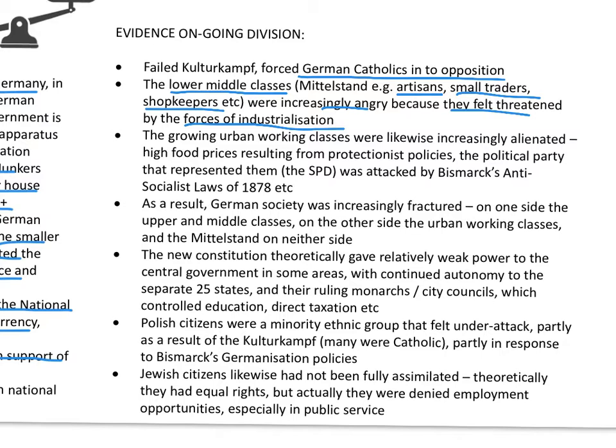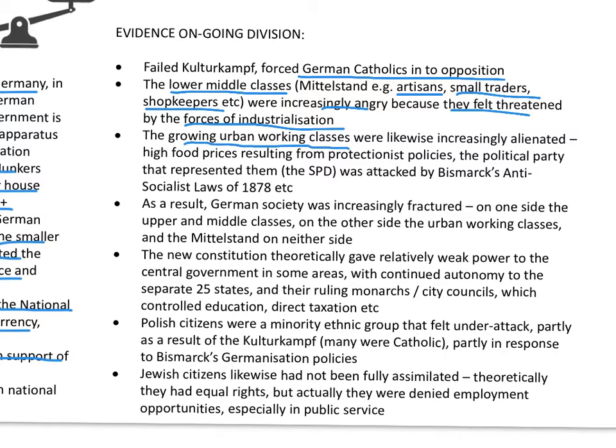Then, of course, you've got this hugely important social group, the growing urban working classes, the factory workers, who are becoming numerically the biggest social group, and because they're highly concentrated in these new industrial cities, they are becoming politicized.